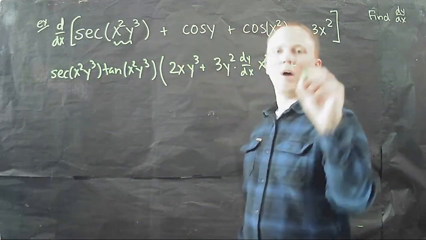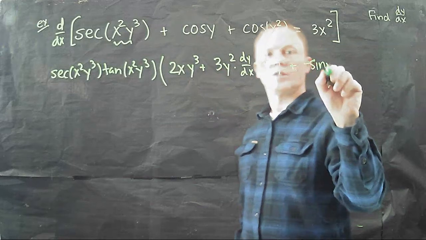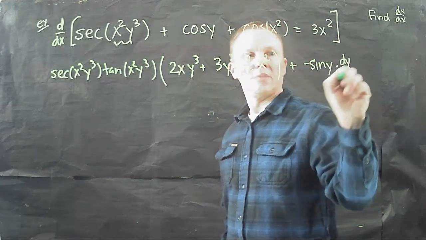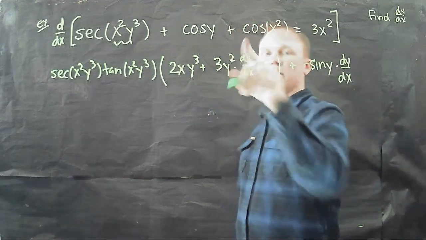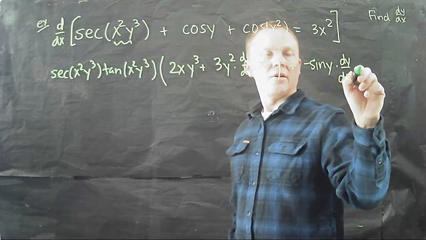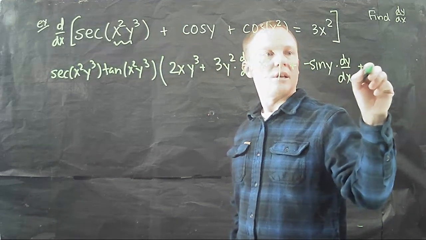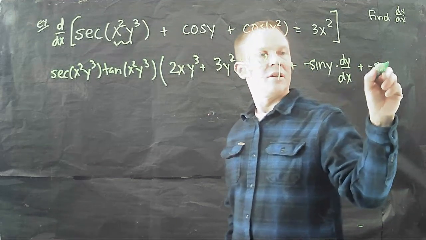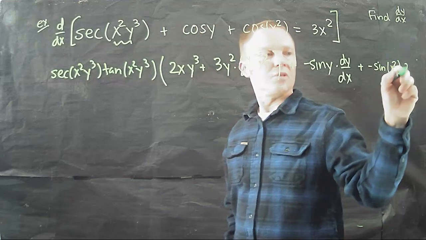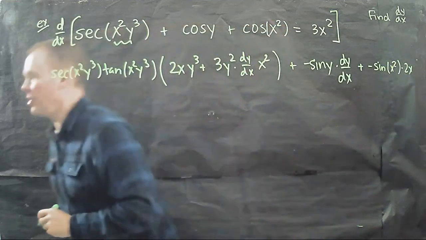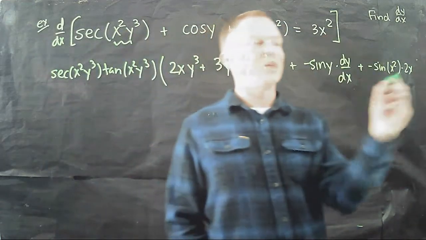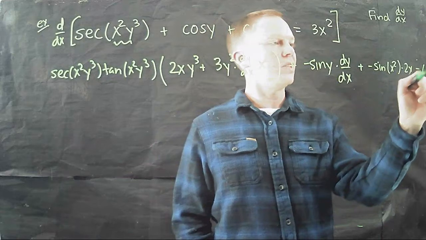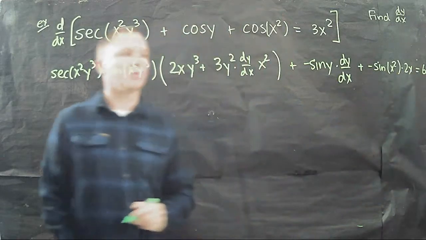Now the derivative of cosine y is going to be negative sine y times dy dx. The derivative of cosine of x squared is going to be negative sine of x squared times 2x. Oh man, I'm running out of room here. And the derivative of 3x squared on the right side is going to be 6x. Okay, so that's going to equal 6x.